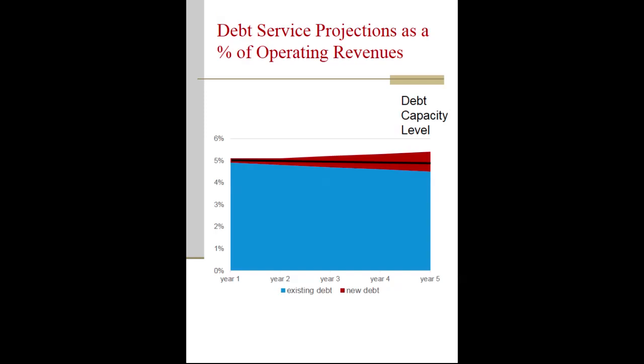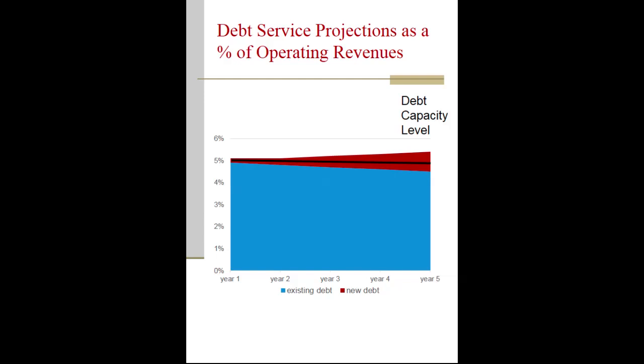So let's say I have a local government, a particular city, and in year one, they're below their debt capacity level, which they have established as 5% as the target debt service projections as a percent of operating revenues. So their existing debt, which is the blue, is below the 5%. And if they don't issue new debt, then it continues to decrease below that 5%.